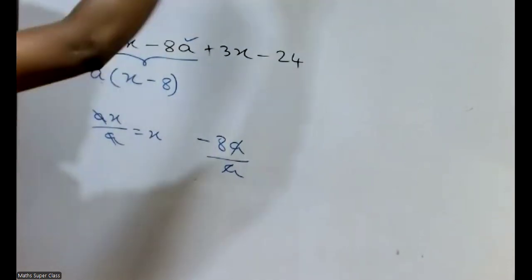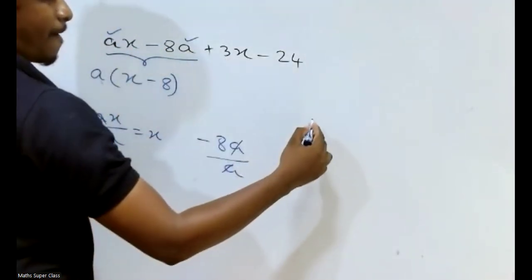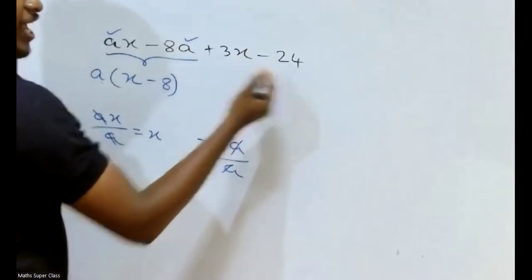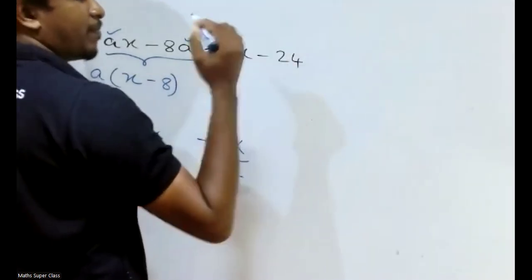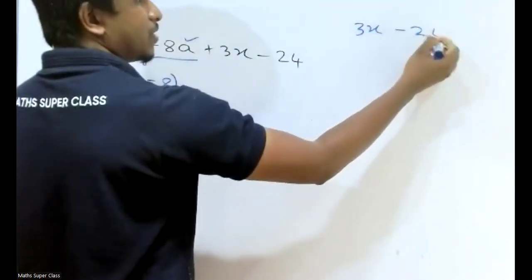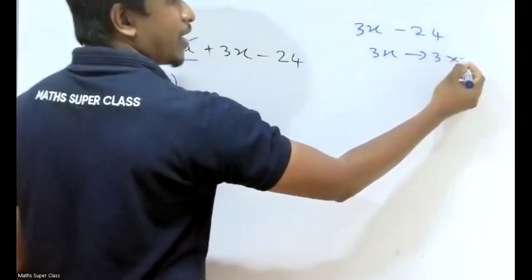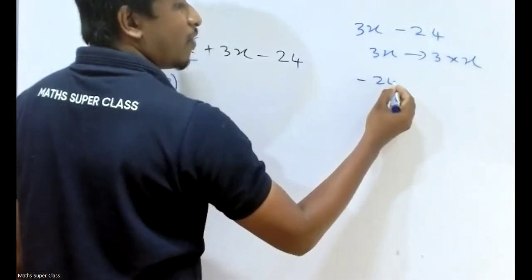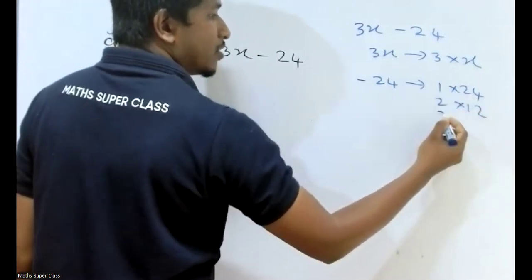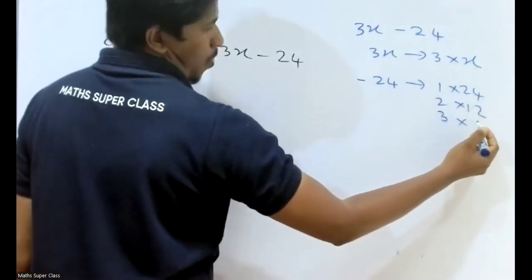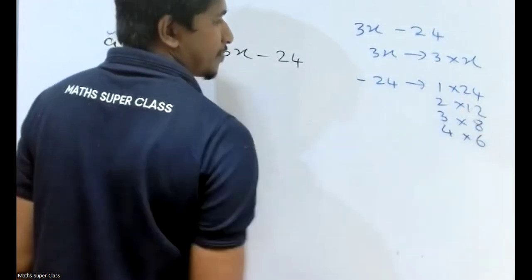Now we don't need to write the whole thing. This is the simple method. Here, plus 3x and minus 24. What can we do? 3x means 3 into x. Minus 24 means 1 into 24, 2 into 12, 3 into 8, 4 into 6.